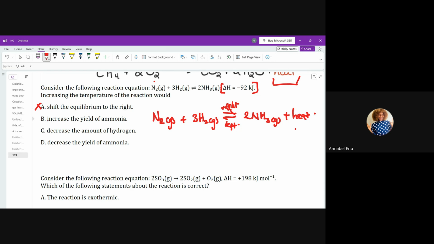Now the second says that increasing temperature will increase the yield of ammonia. We can see that heat is being released here. Now let us consider our C and D as well. C says increasing temperature will decrease the amount of hydrogen.